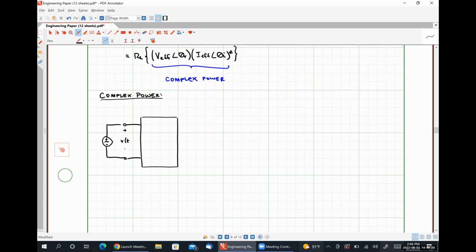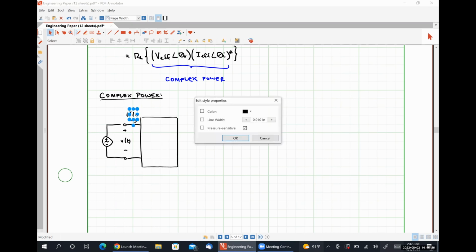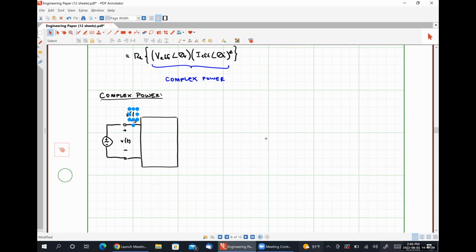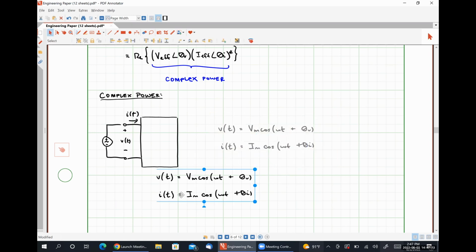We can measure some voltage V of T across it, and some current I of T flowing through it, where V of T will be of the form Vm cosine omega T plus theta V, and I of T will be of the form Im cosine omega T plus theta I. These are our time domain representations of these signals, which I have absolutely beaten to death. So I'm going to move these down here.